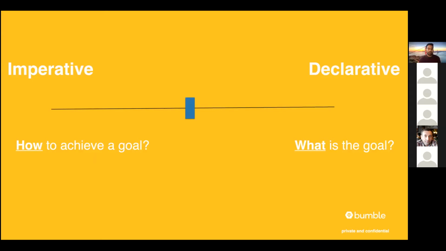Looking at these scenarios, we realized that our scenarios were focusing more on the imperative side, that is, on how to achieve a goal, whereas our focus should be more on the declarative side, which focuses on what the goal is. Imperative tells how to achieve a goal, whereas declarative determines what the goal is. If we keep these things in mind, we are more prone to avoid mistakes.